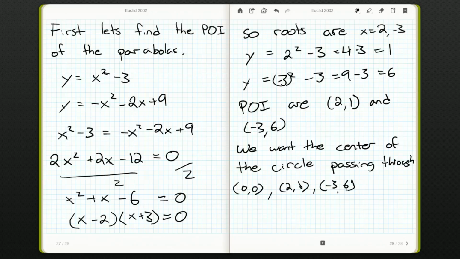I suppose the easiest way is that all circles have the form (x minus h) squared plus (y minus k) squared is equal to r squared, where (h, k) is the center.